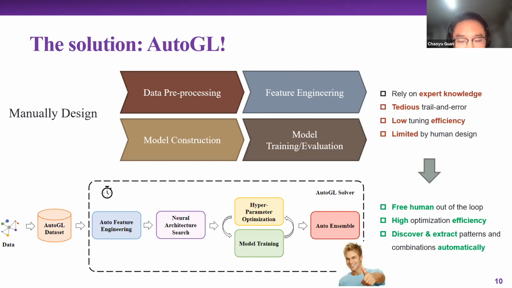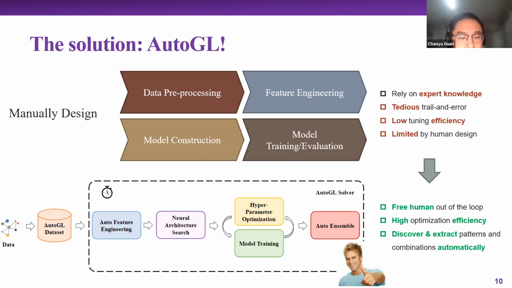In our AutoGL, the data processing is handled by the AutoGL dataset, which will automatically download and preprocess datasets. Then auto feature engineering is performed by using some importance measures to build meaningful graph features. Then neural architecture search is conducted to automatically find the best neural architectures or models for the target task.